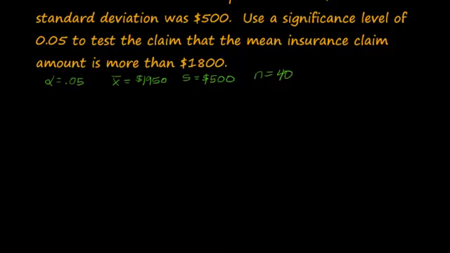Now we'll note the original claim. The original claim was the mean insurance claim amount is more than $1,800.